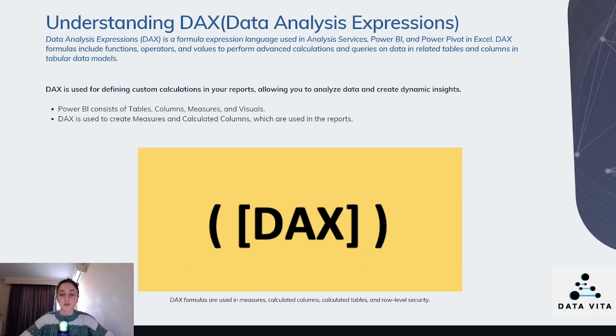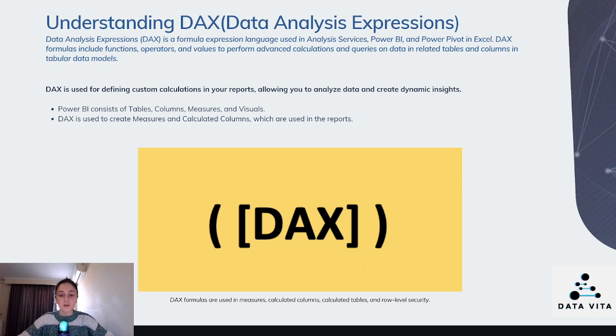It enables you to define custom calculations for your reports, turning raw data into actionable insights and dynamic analysis. In Power BI, the core components include tables, columns, measures, and visuals. DAX plays a crucial role in creating two key elements: calculated columns and measures.